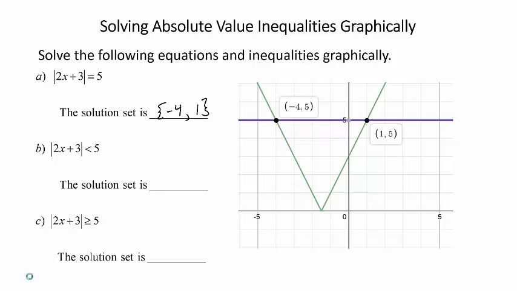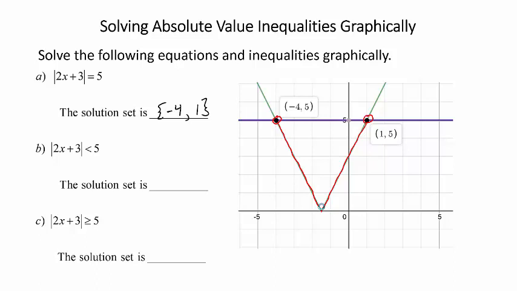Because we have a strictly less than, on these intersection points, I'm going to put open dots. I know they're closed on the graph, but try to think of those as being open dots. And I want everything below. So just shade the part of the absolute value of 2x plus 3 that lies below the line y equals 5. So that piece that I just shaded in red, what is the domain of it?